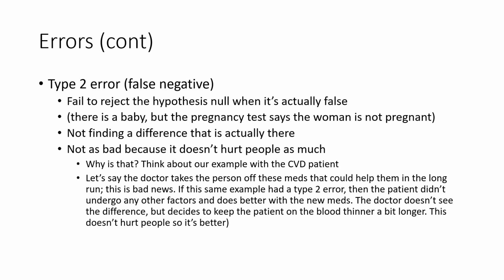The same example for type 2 would be if the patient didn't undergo any other stress as they go on to these new medications. The doctor doesn't see the difference, but keeps the patient on the blood thinner a bit longer to see what else happens. This doesn't hurt people, so it's definitely a lot better. So if you're going to have an error, go for error 2.